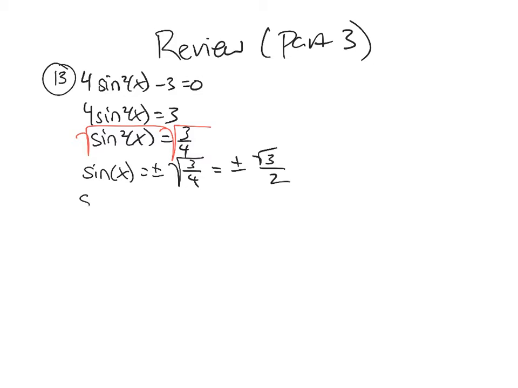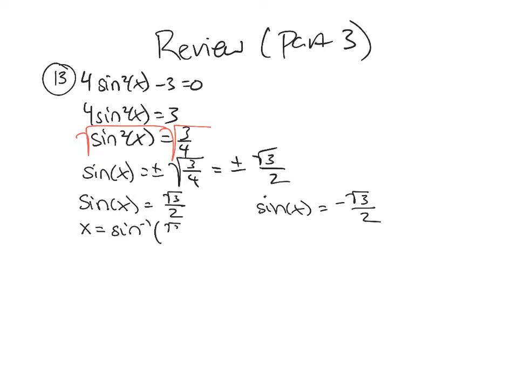So it's like we have sine of x is equal to positive square root of 3 over 2, and sine of x is equal to negative square root of 3 over 2. So when I use sine inverse for both of these, the question being asked here is, at what angle, because there's more than one answer, is the y value root 3 over 2 or negative root 3 over 2?